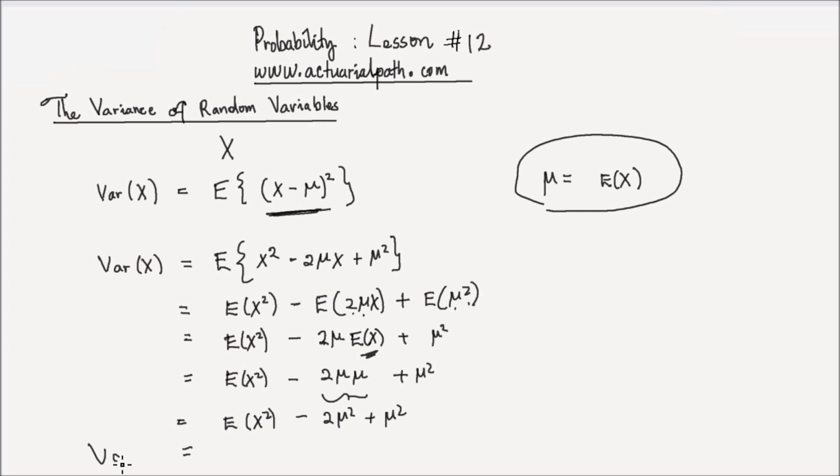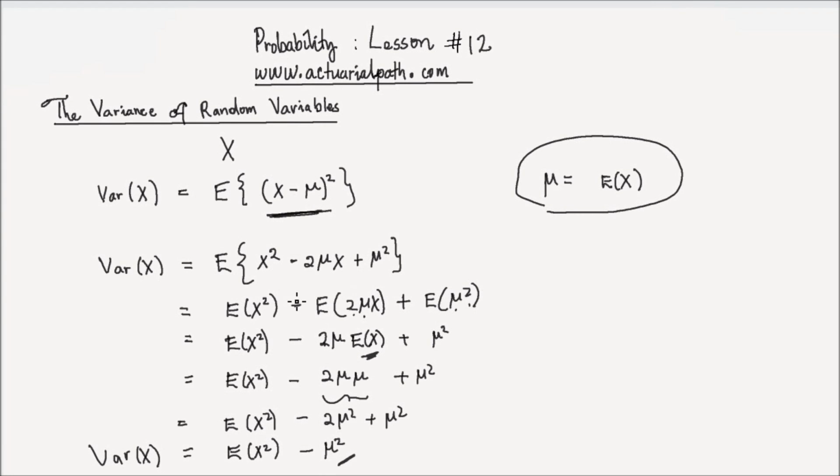Therefore, the variance of the random variable X can also be computed as the expectation of X squared minus mu squared. The Greek letter sigma squared is used to denote the variance of a random variable. So when you see sigma squared, that means it's a variance.